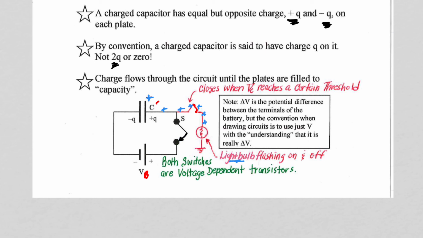Now, if these switches have voltage thresholds, which transistor devices allow, so you can actually have both of these switches in one device and both of them are voltage dependent as to when they open and close, then we can very easily get a flashing blinky light system, and that is absolutely what is used anytime you'll see any type of electronics that have flashing lights. There's some type of capacitance that is being charged and discharged.